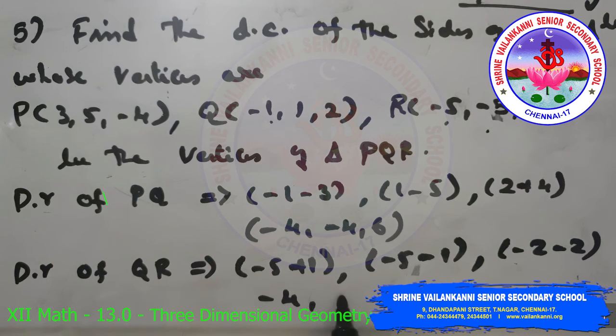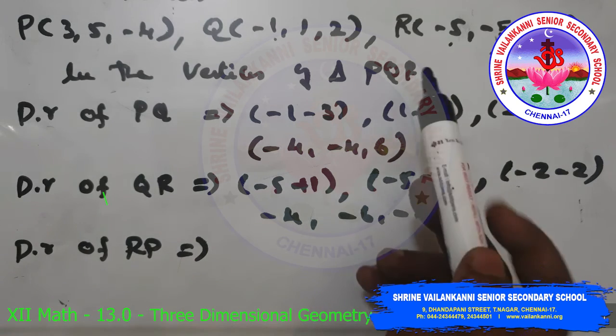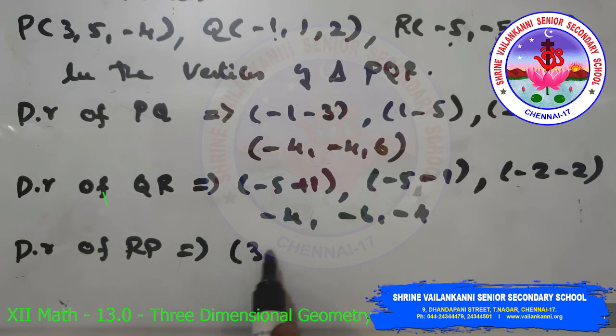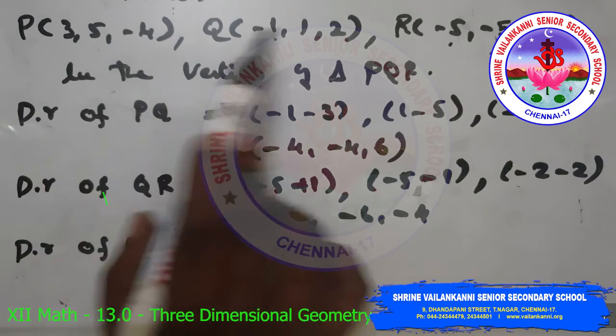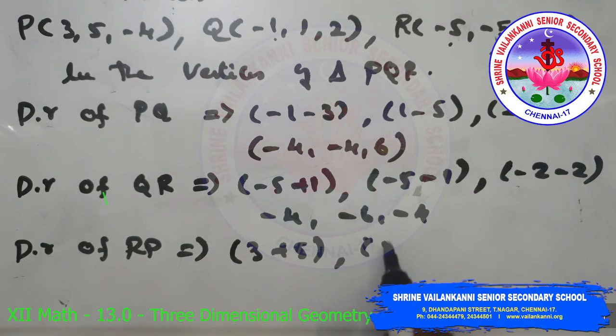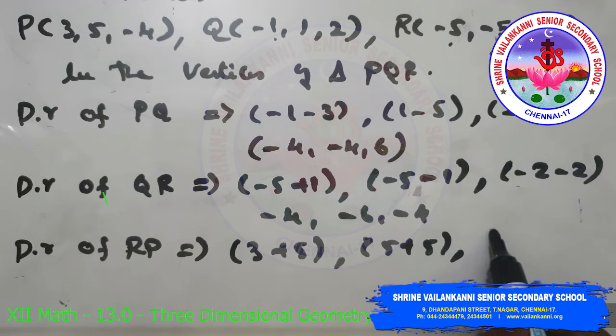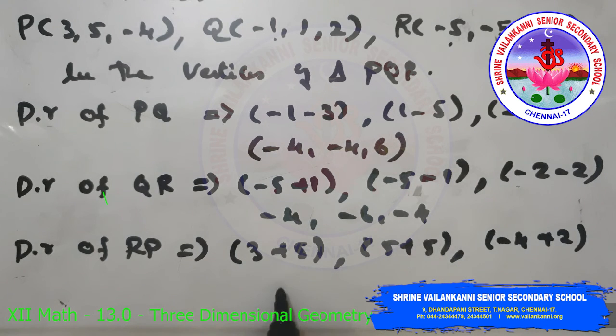So we get -4, -6 and -4. Then DRs of RP: 3 minus of -5, 3 plus 5, then 5 minus of -5, 5 plus 5, -4 minus of -2, -4 and +2. So we get 8, 10 and -2.